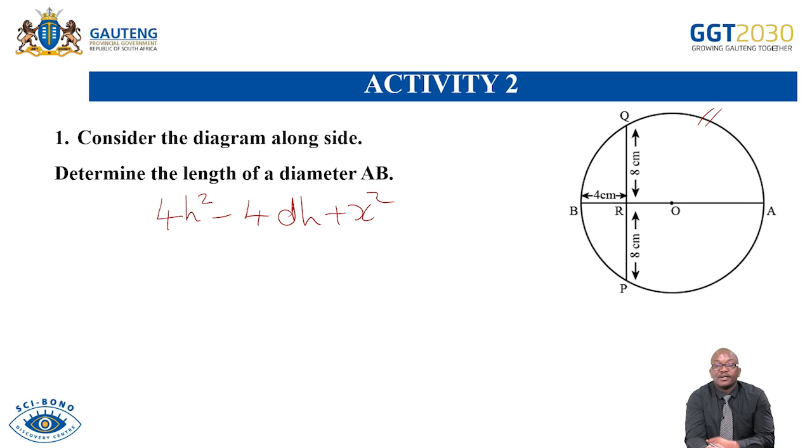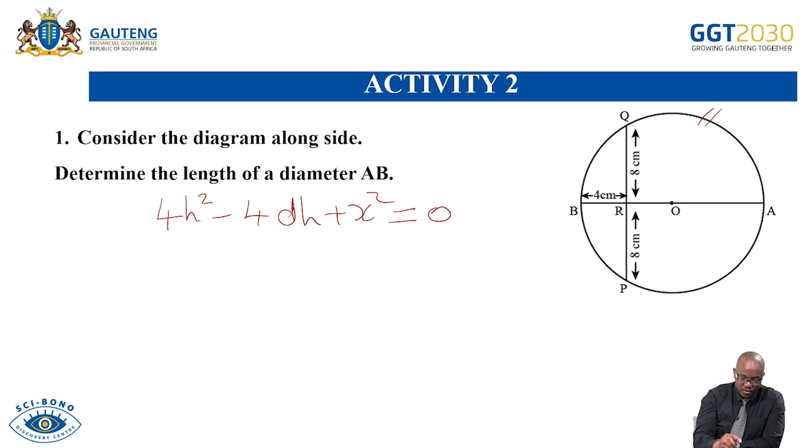They look at the formula in the formula sheet, but they write it incomplete, which will be wrong. As long as the formula is there in the formula sheet, you must write it in full: 4h squared minus 4dh plus x squared is equal to 0.